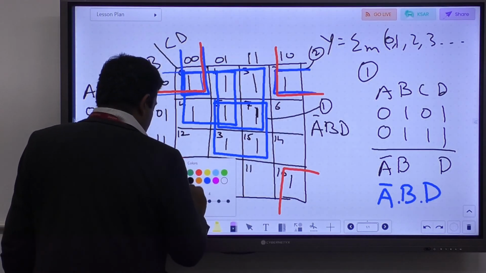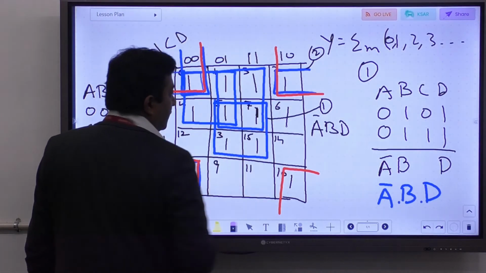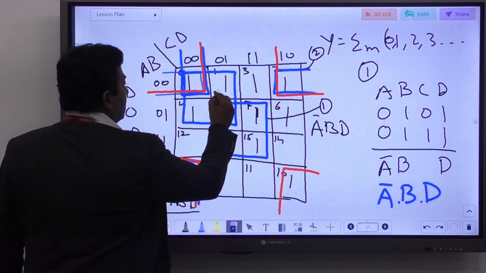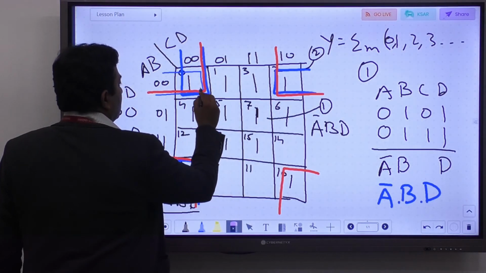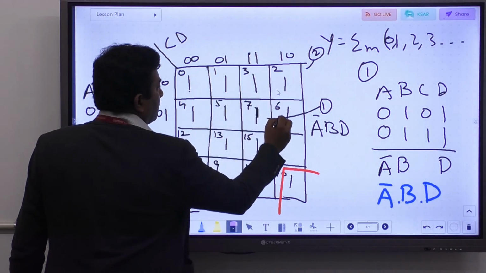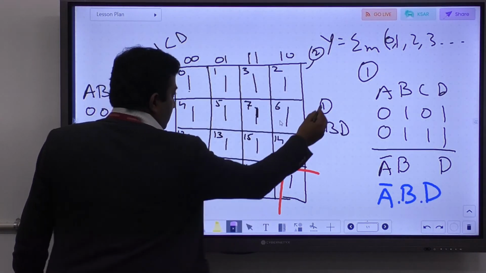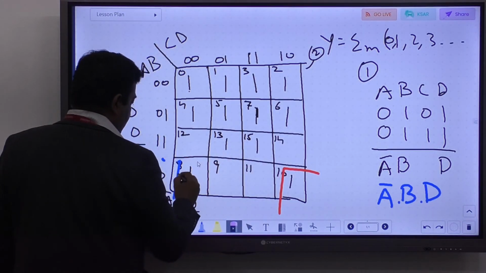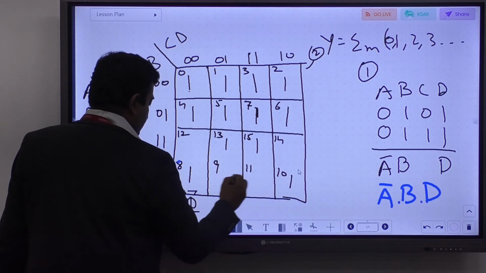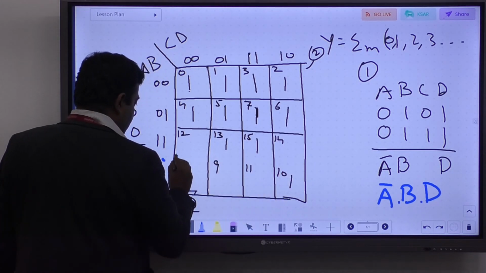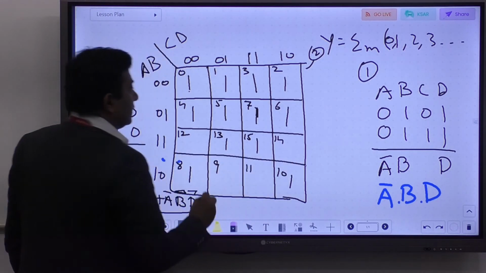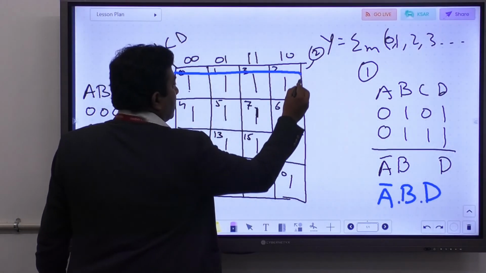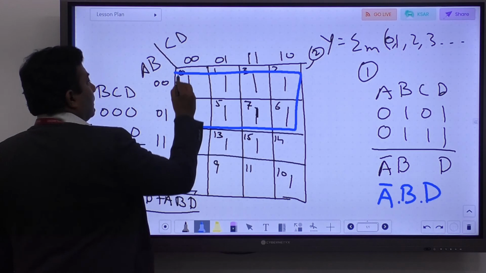In case there is a 1 available here, what can be made is a single octet.